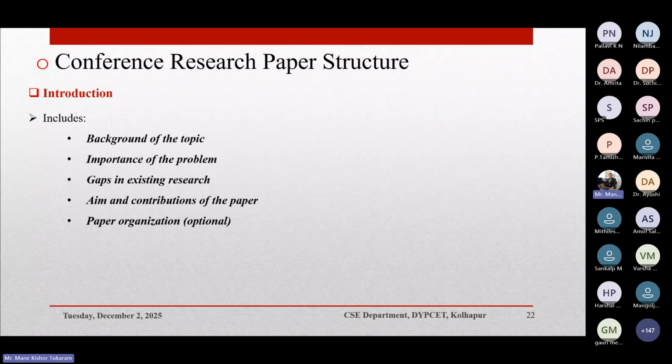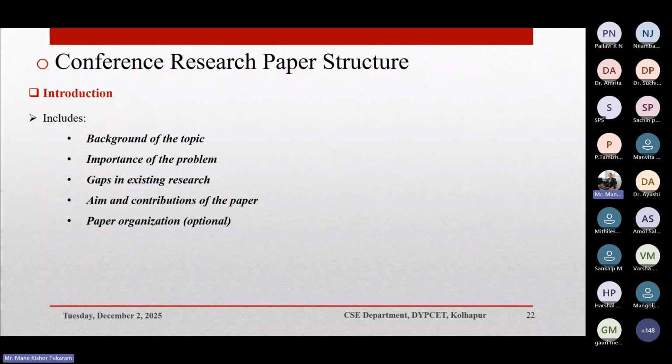Again, section 3 contains the proposed system framework or architecture along with the module details where we can perform this task. Up to the discussion, we can write the section numbers and add that content as the paper organization in the conference paper.